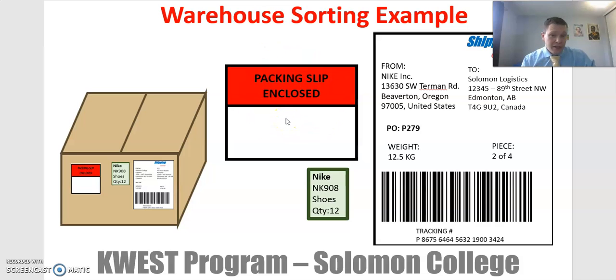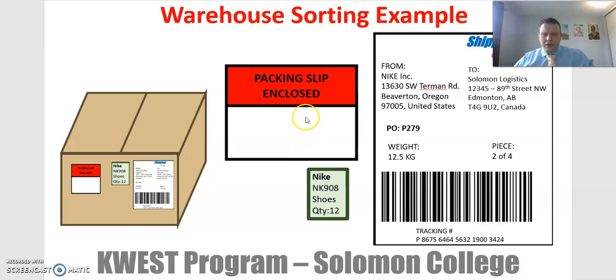That case will be the master case, and that packing slip will give you all the information you need to know about that purchase order, and it will help you to sort those cases most accurately.